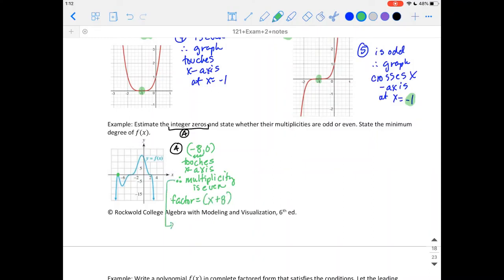And since the multiplicity is even and the factor is x plus 8, then the minimum degree, excuse me, is going to be 2. That's the lowest it could be.